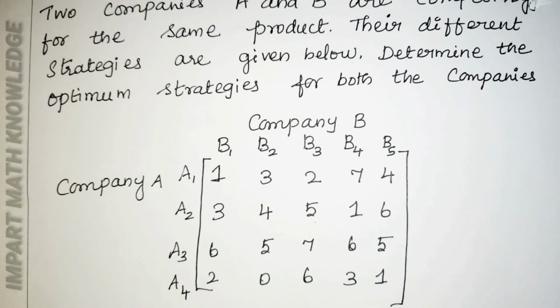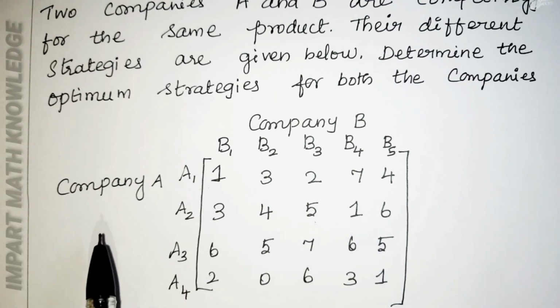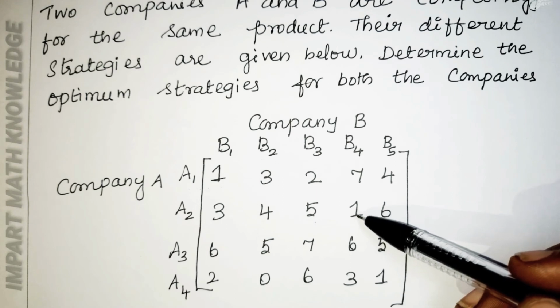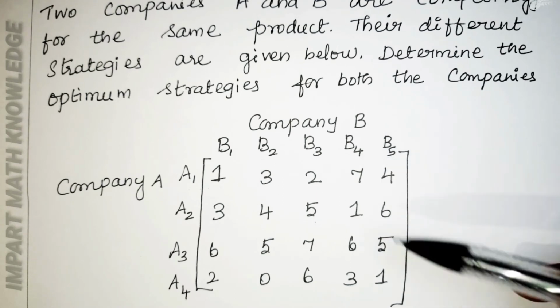If you have a negative value, for example here -1, that -1 is a loss for company A if they use the second strategy. That -1 is a gain for company B if they use the fourth strategy.